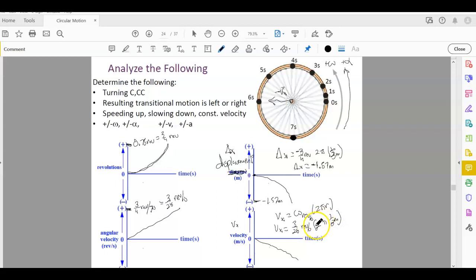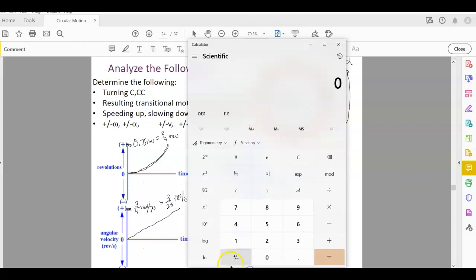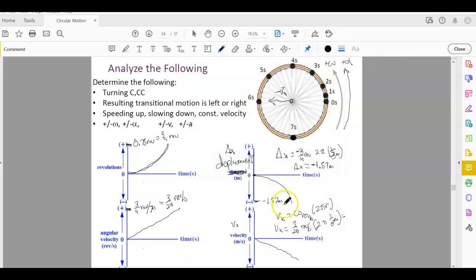So what's 2 divided by 28? So this is going to be pi over 16. So what's pi over 16 equal to? So pi divided by 16, that's 0.1, so that's 0.20 meters per second.